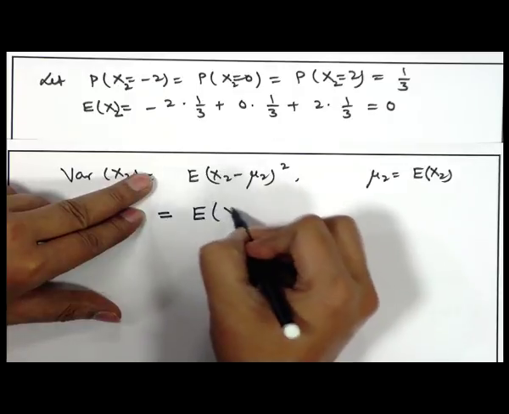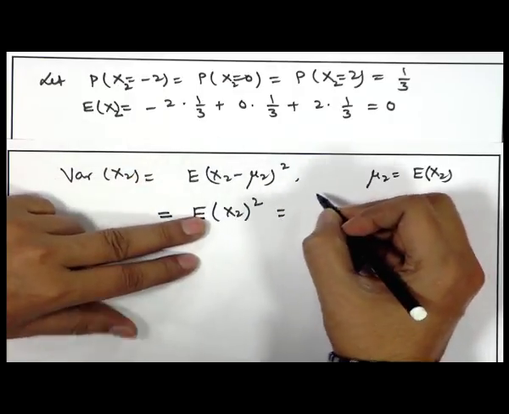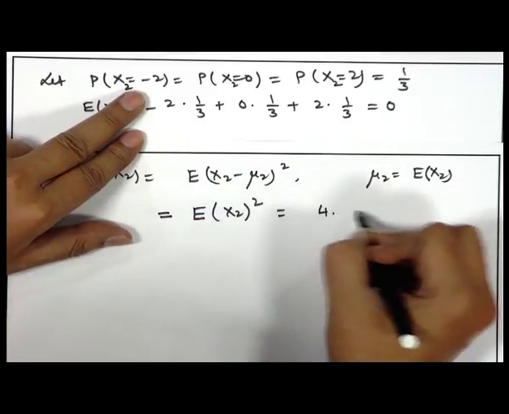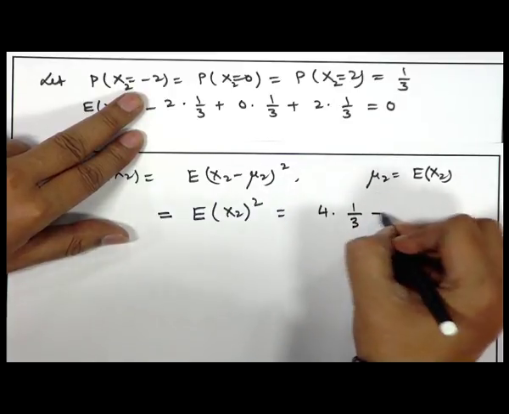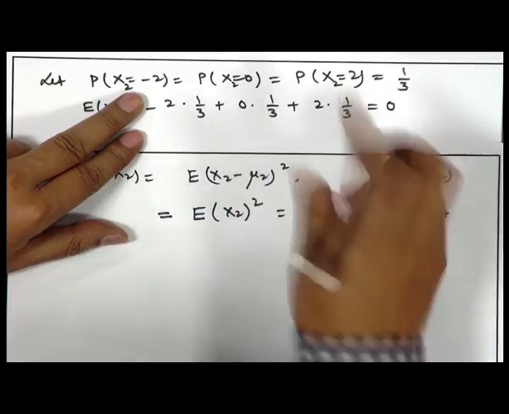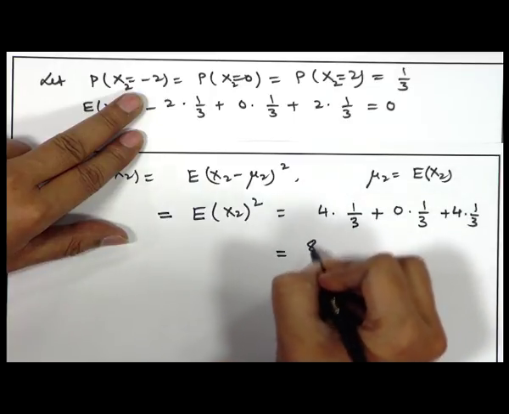So, this becomes expectation of x2 square. x2 is taking values minus 2. So, minus 2 square is 4 into the probability that x2 is equal to minus 2, that is 1 by 3, plus 0 into the probability, plus 2, 2 square is 4 into 1 by 3. It becomes 8 by 3.